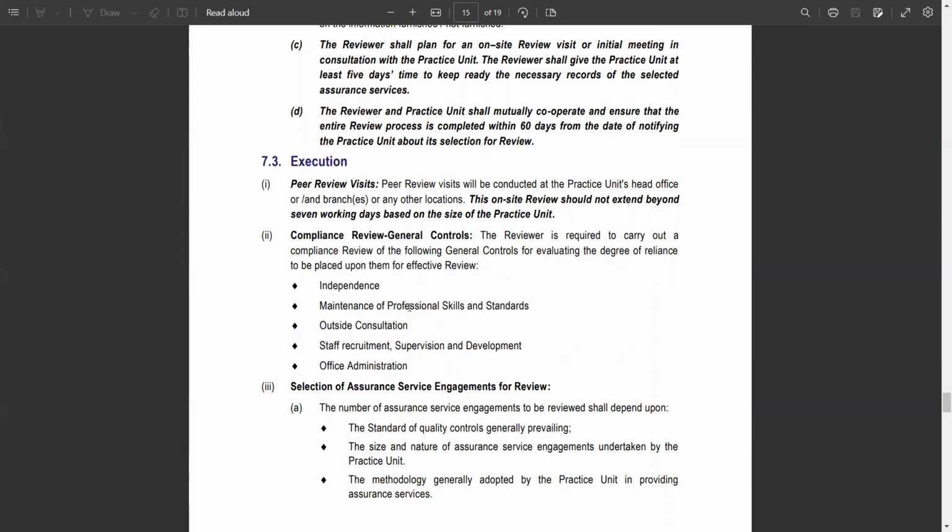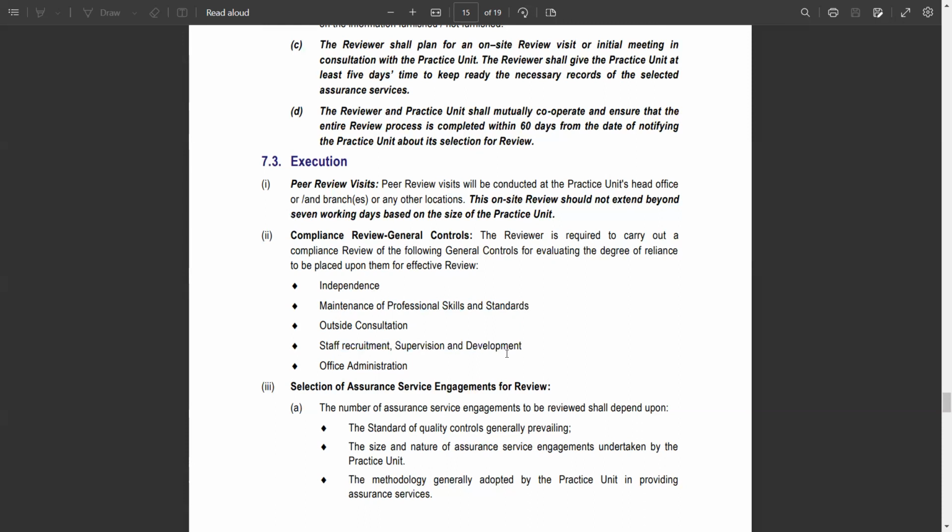These are independent COPs. There's a technique for this: independent COPs. So independence, then C is for outside consultation, O is for office administration, P is for maintenance of professional skills and standards, and S is for staff recruitment, supervision, and development.